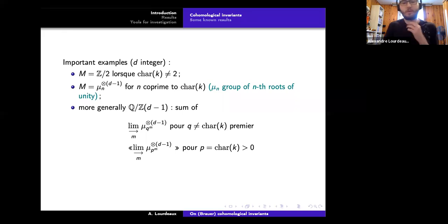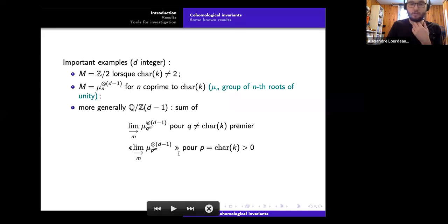Sometimes it's called the Kato module, or in more generality, we have to use the pro-complex of de Rham-Witt differentials. So it is more complicated than the torsion outside the characteristic of K. I won't define it, but this is an analog of the module of n-th roots of unity for the characteristic.